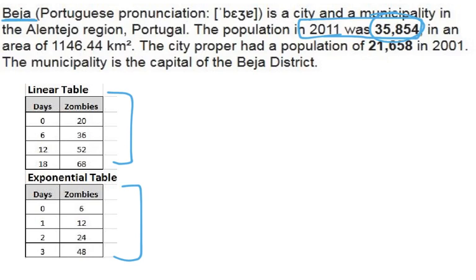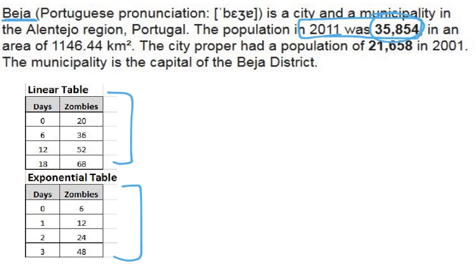We've got our exponential table and we've got our linear table. So you have to do the same treatment to both of them because not only are you applying this information with graphs and equations and a story problem, but you are also doing it for linear and exponential, which are the 2 main types of functions that we dealt with this year.